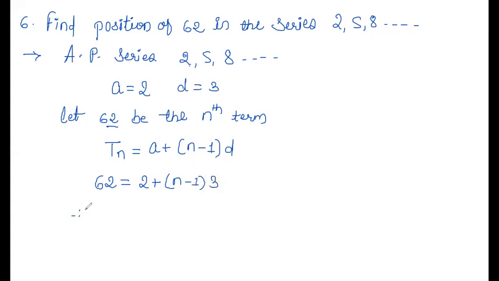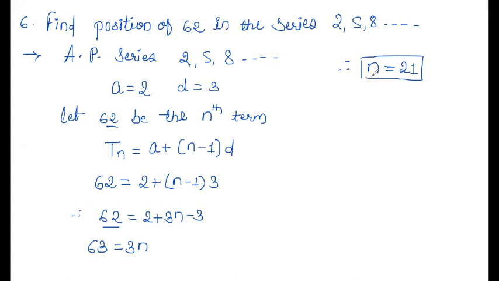Therefore, 62 is equal to 2 plus 3n minus 3. Minus 1 हा इकडे plus 1 होणार. So it will be 63 is equal to 3n. Therefore, n is equal to 63 divided by 3, so it is equal to 21. Position, nth position. 62 कोणत्या पोझिशन मध्ये असणार आहे? 21th पोझिशन मध्ये असणार आहे. Okay.